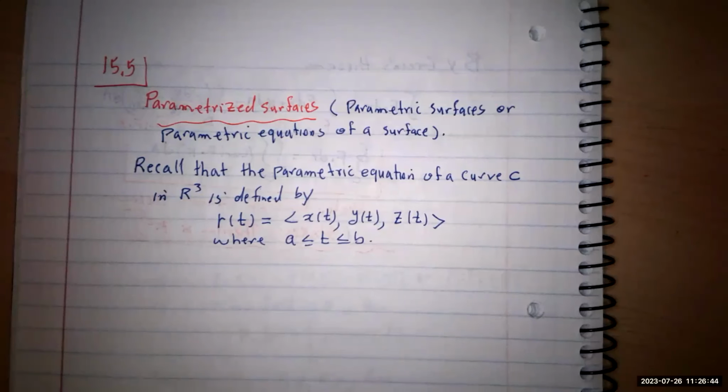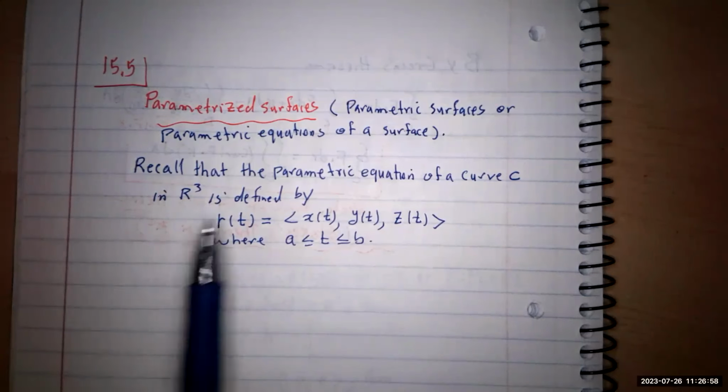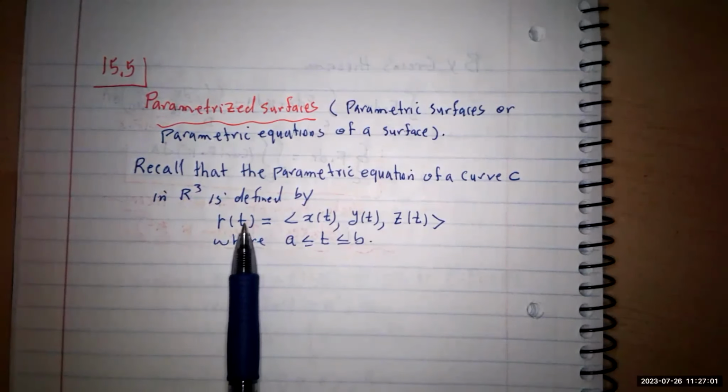So remember when you do this, we keep one of them, we keep the X and we write the Y in terms of the X. But you have the Z in terms of the X and the Y. So if you want to give a parametric equation for a curve or for a surface, you need two variables, two parameters.